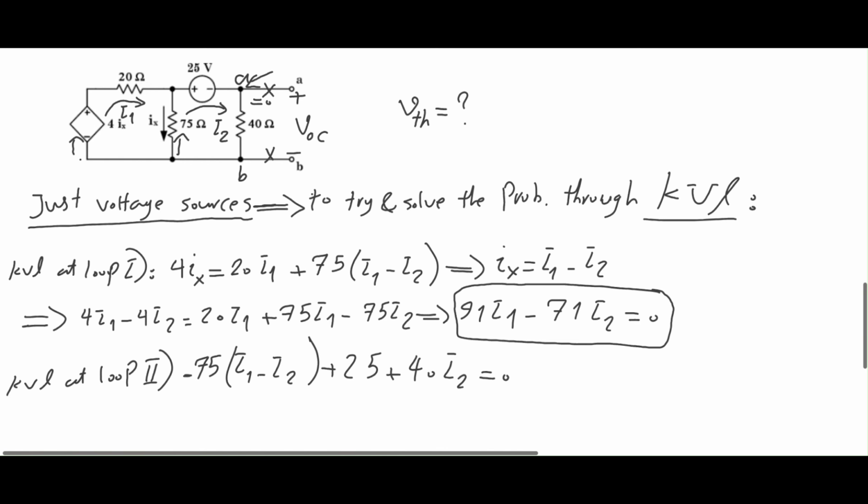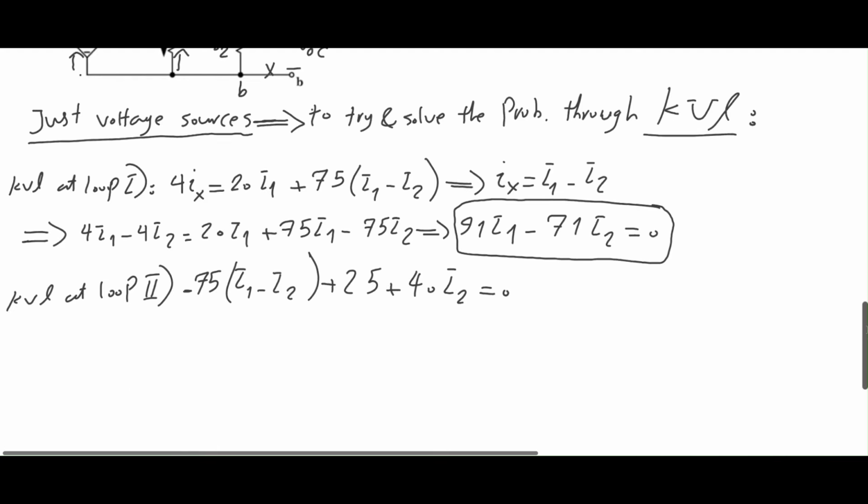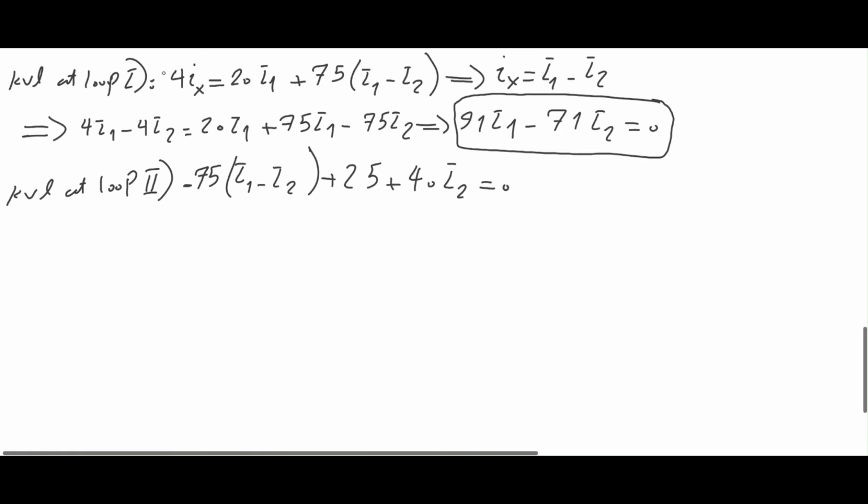I have everything based off I1 and I2. That becomes minus 75 times I1 plus 75 times I2 plus 40 times I2 equals negative 25.